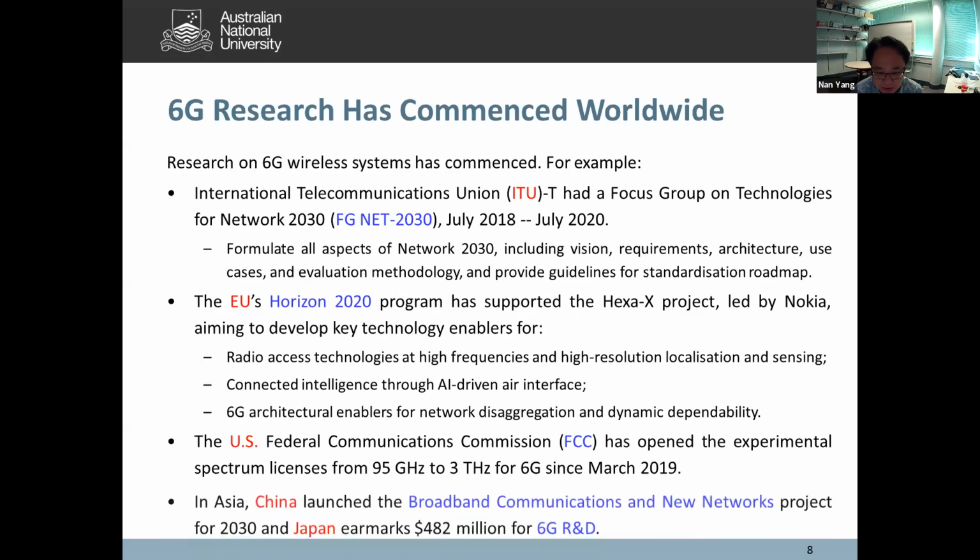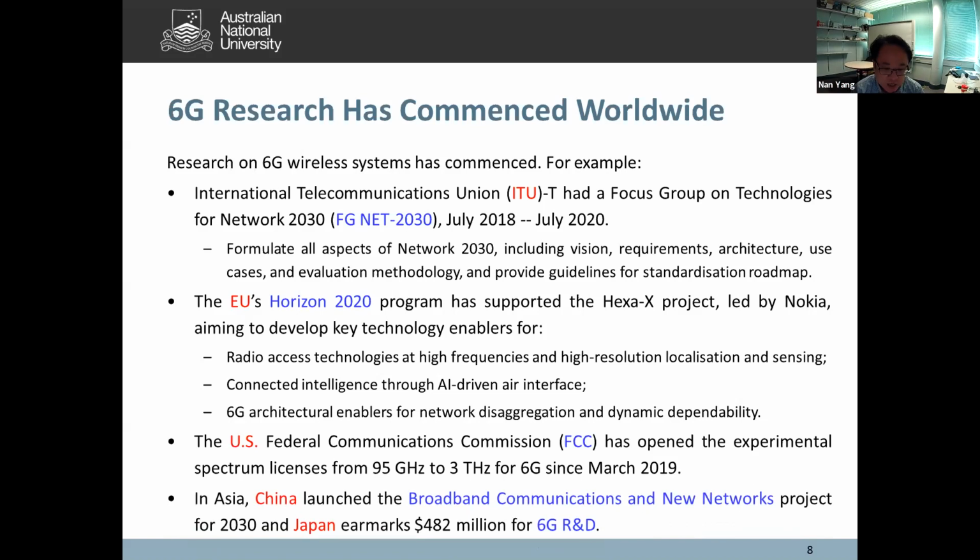Apart from that, among Asian countries, China has launched a big project for 2030, and Japan has invested almost 500 million for 6G research and development. And even South Korea, if I remember correctly, mentioned that they want to release the first 6G trial in 2026, which is quite promising.